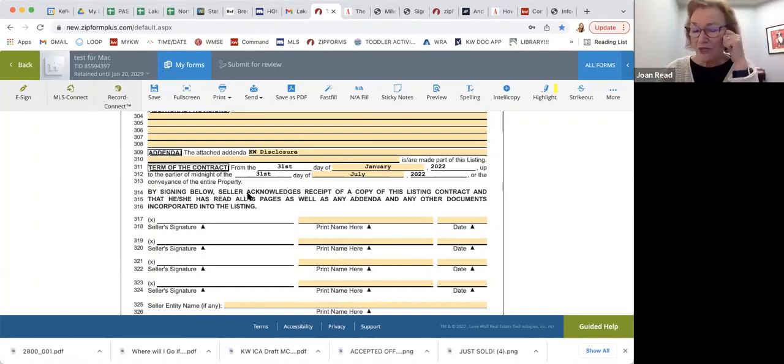And a lot of times an agent will confuse these dates under the signatures as the date of the listing. MLS, attorneys, brokers, agents, all will reflect the day of the listing starts on line 311 and it terminates on line 312. So all of your counting and everything like that goes from the term of the listing first date.